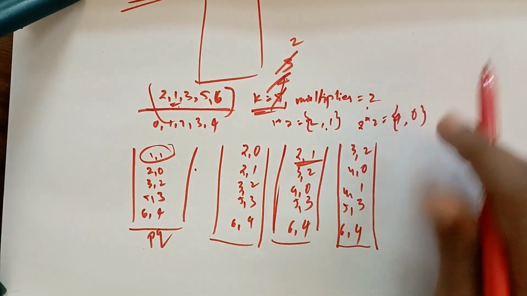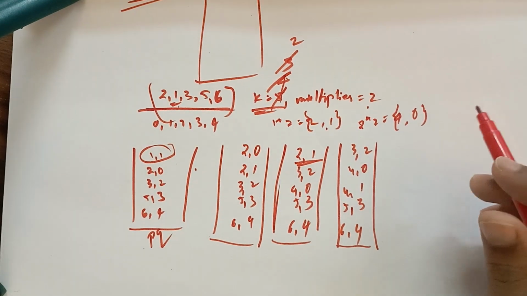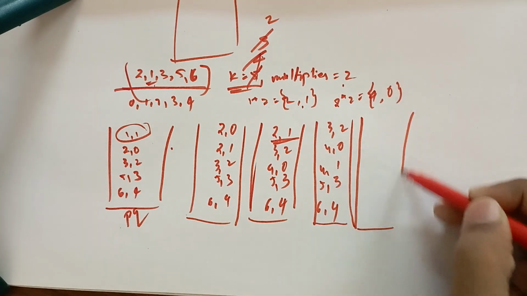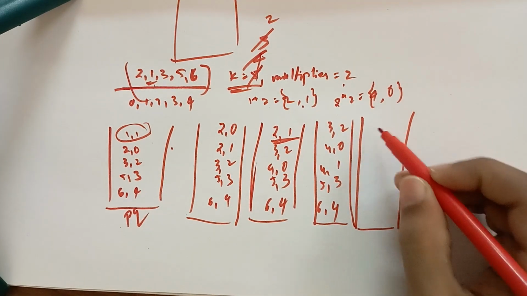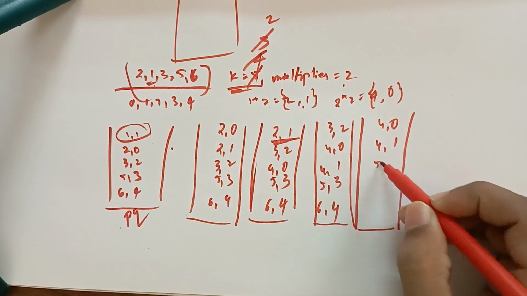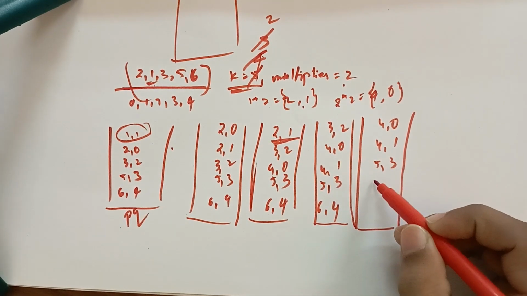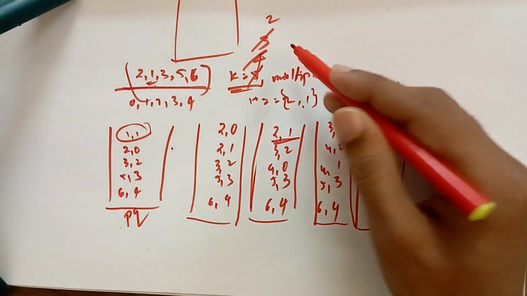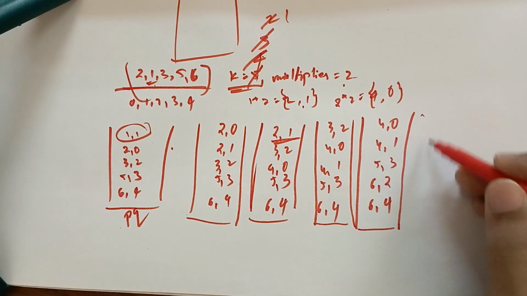Decrement k. We need to do two operations again, and take this 3, multiply it by 2, we will get 6 comma 2. So 6 is larger than 4 and 5. 6 comma 2, 6 comma 4. Now decrement k by 1.